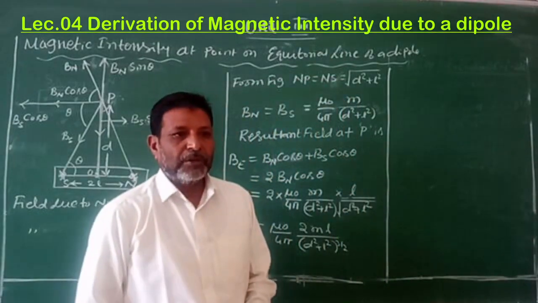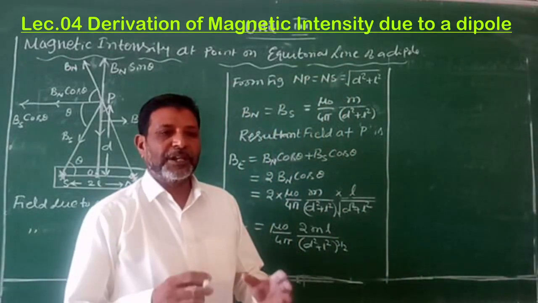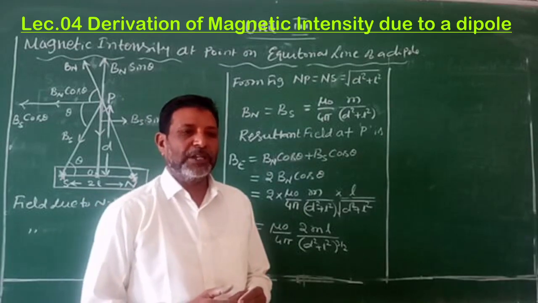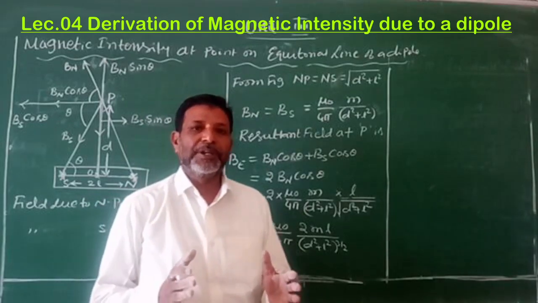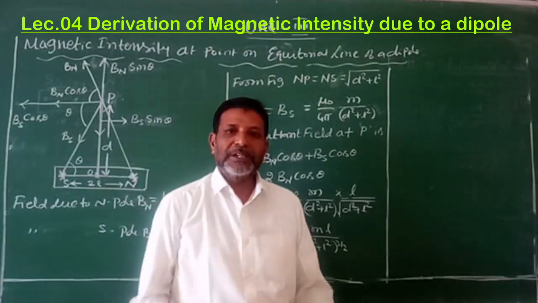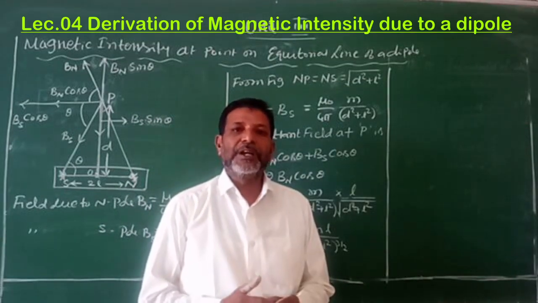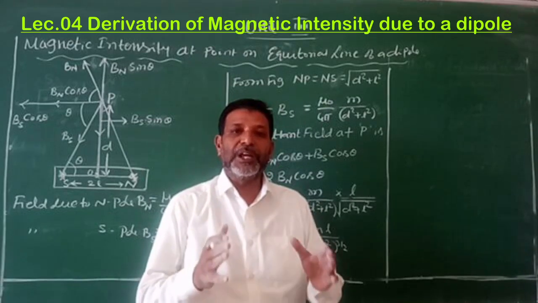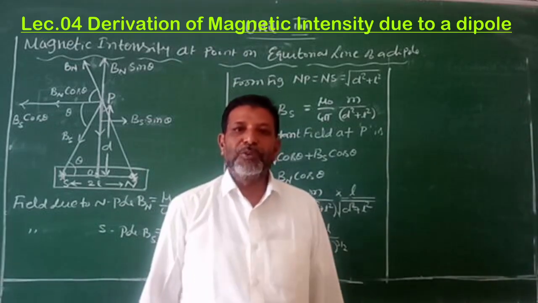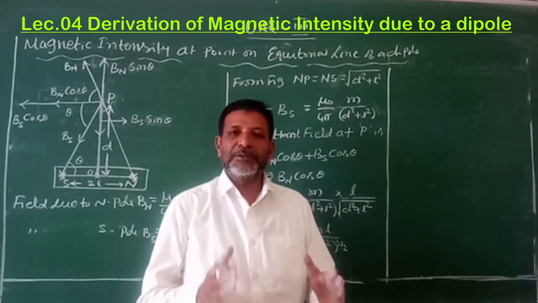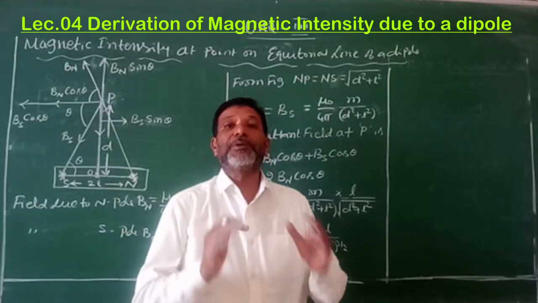Just now we have discussed the derivation of the field along the axial line of a dipole. Now, let us come to the formula of the field at any point on the equatorial line of a dipole. Before that, let us understand what we call the equatorial line.